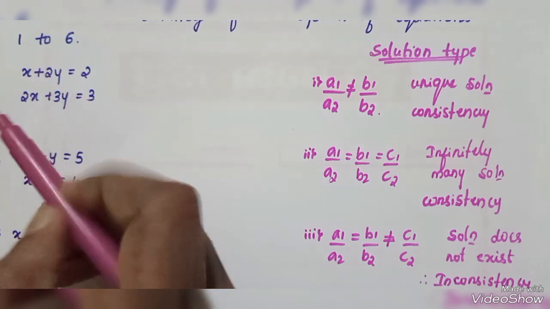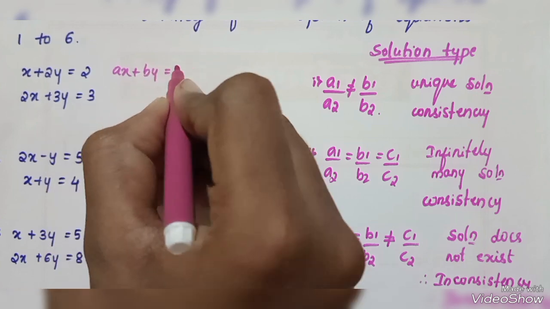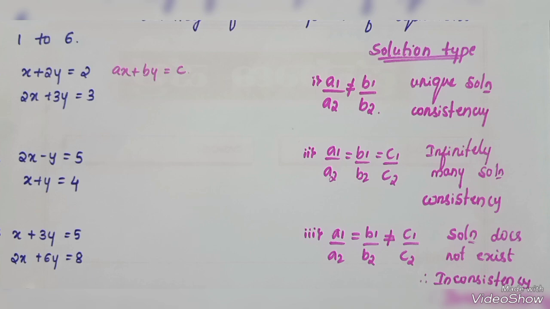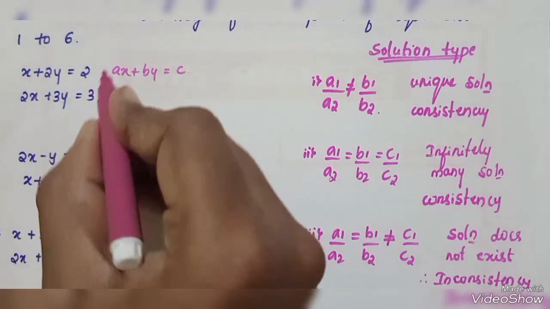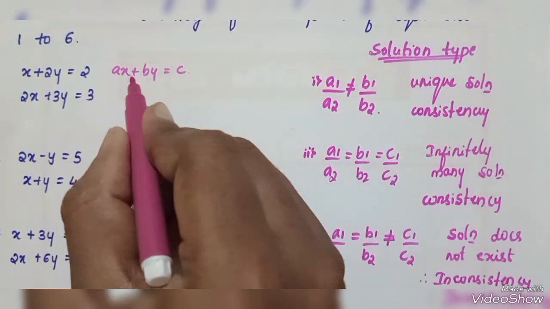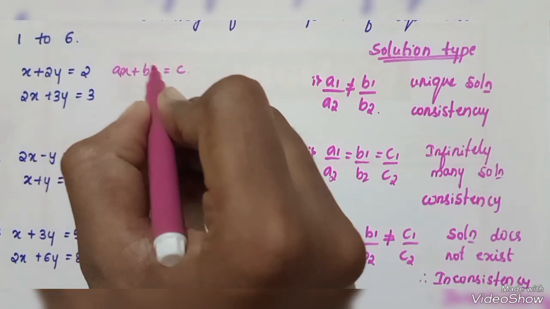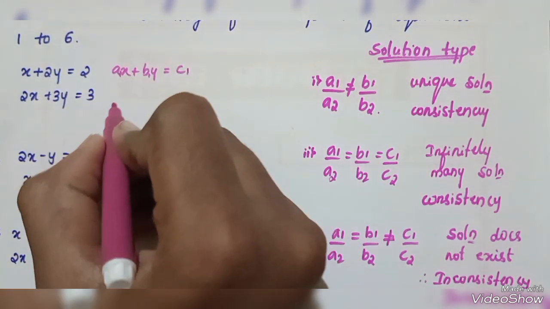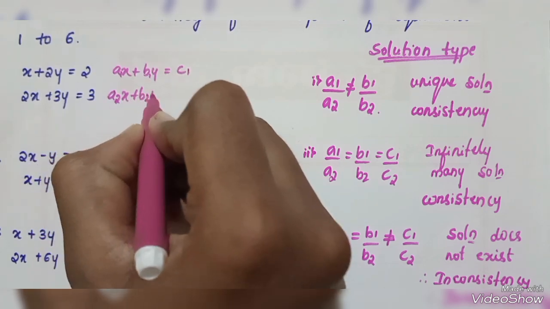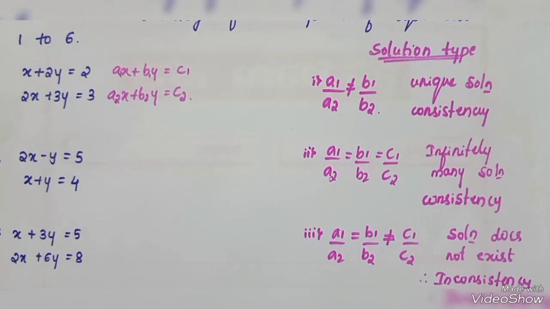The system of equations is of the form ax plus by equals c. For the first equation we consider a1, b1, c1, and for the second equation we consider a2 x plus b2 y equals c2.